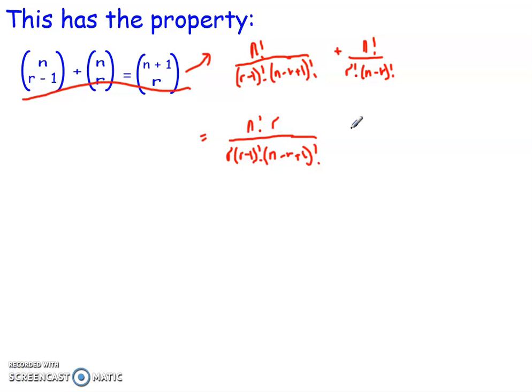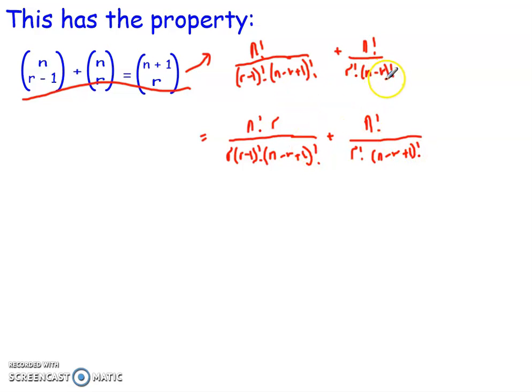What I then need to do is look at this second fraction and put it over the same denominator. So essentially I want n factorial on the top with something here to put it over r factorial, multiplied by the (n minus r plus 1) factorial.